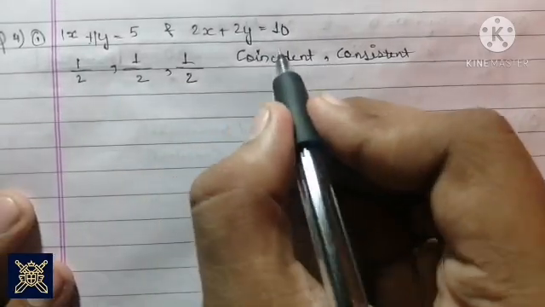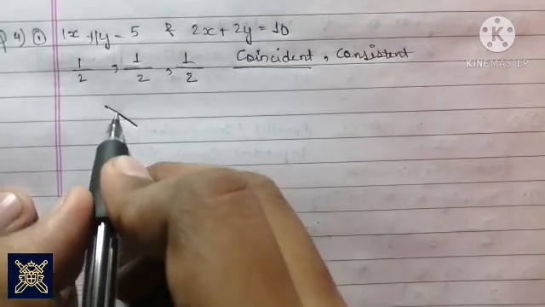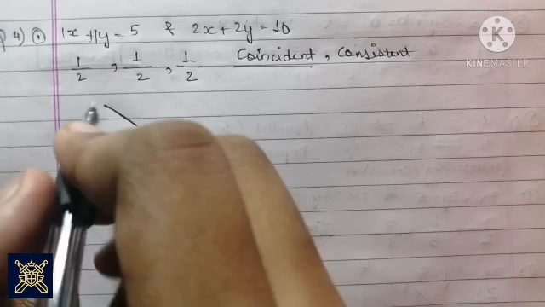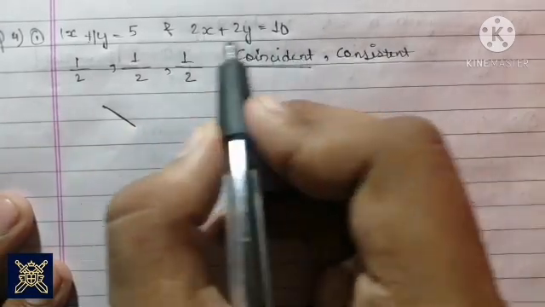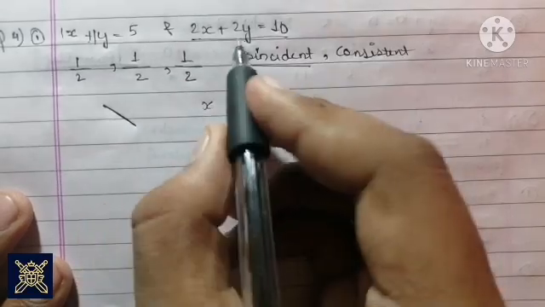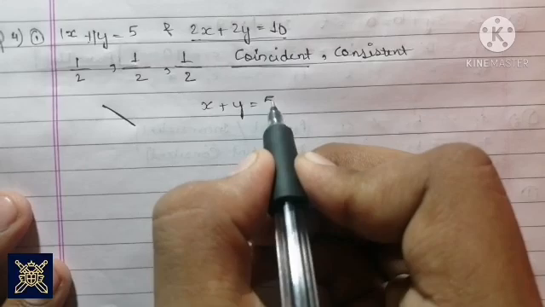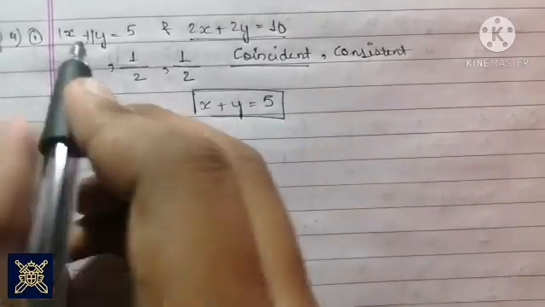So you have to make a line representation of this on a graph. As you know, the lines will be coincident, which means that they will be the same. That is because when you divide the whole of the second equation by 2, you get 2x by 2 is x, 2y by 2 is y, and 10 by 2 is 5. What you get is the first equation.